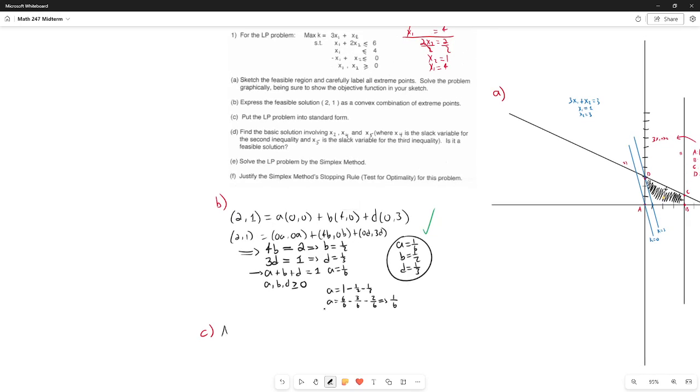So we have max K is equal to 3x1 plus x2, such that x1 plus 2x2 is less than or equal to 6. x1 is less than or equal to 4.